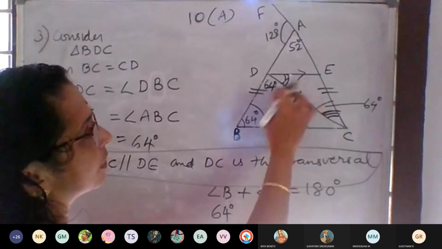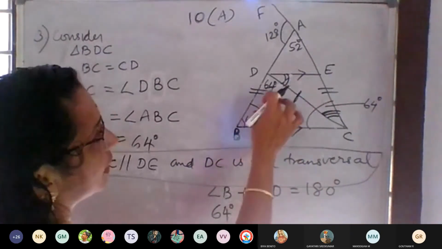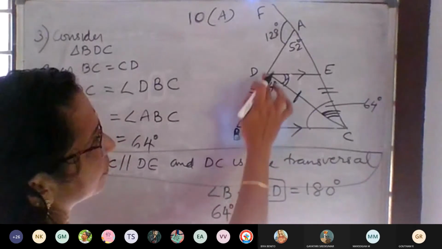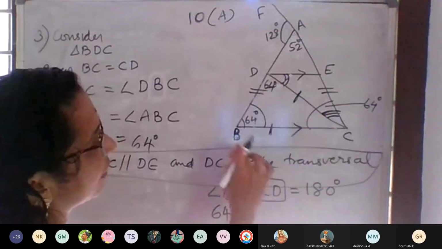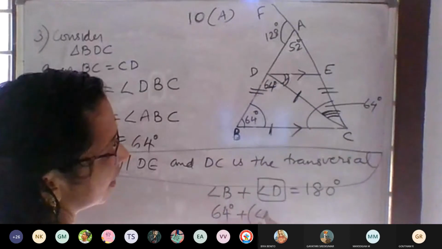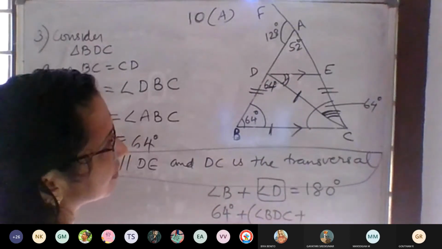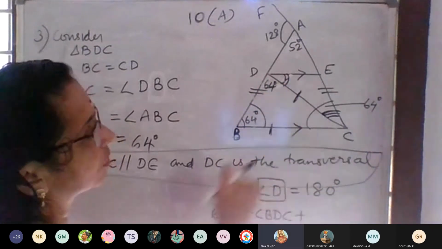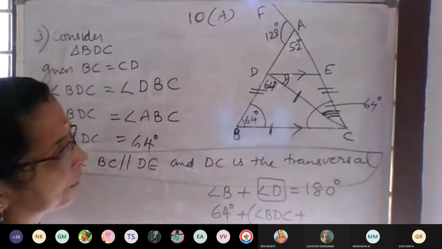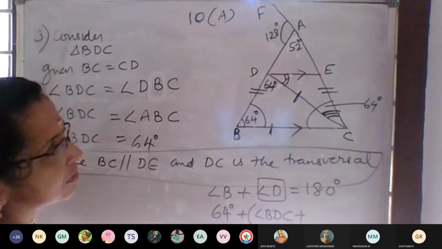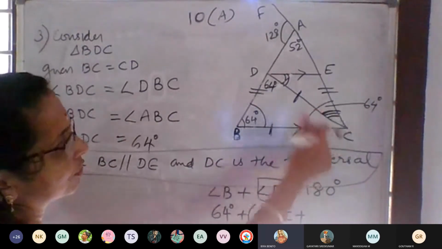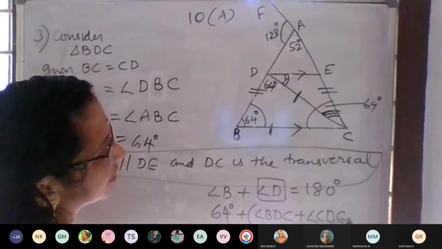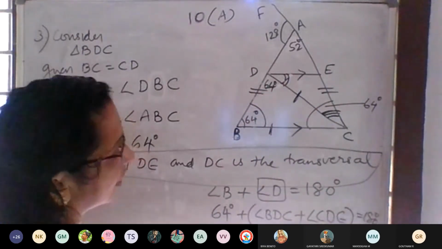Angle D we can divide as angle BDC plus angle EDC, that is angle CDE. Angle B plus angle D is equal to 180 degrees.